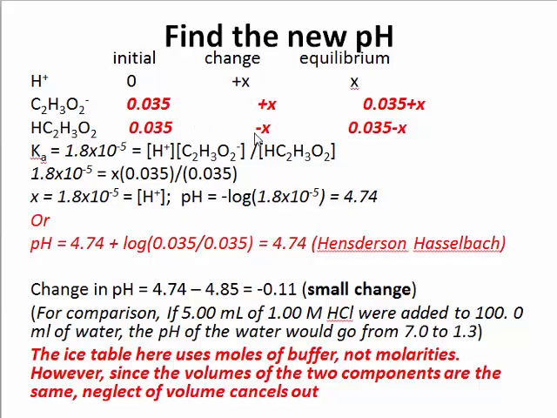I talk about the change in these in terms of moles, and I write the equilibrium amounts of these species in terms of moles. You can think of this original row, the one for H+, as being in moles as well.